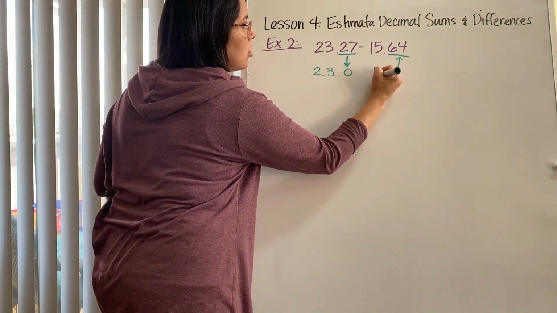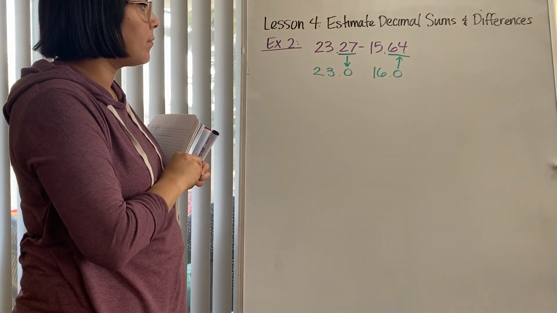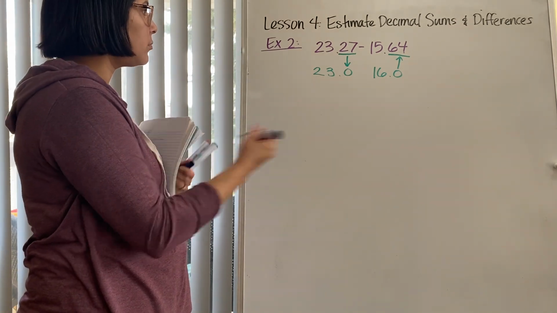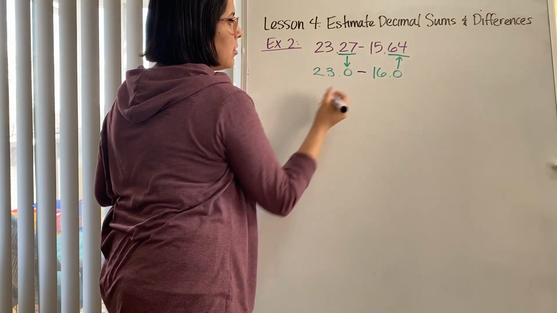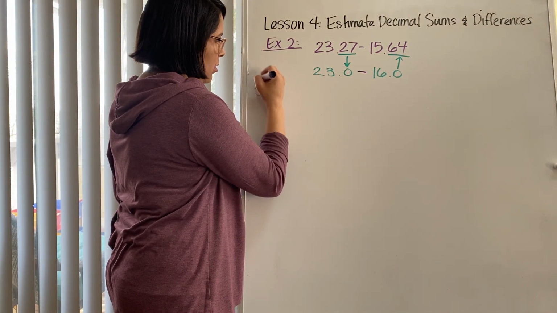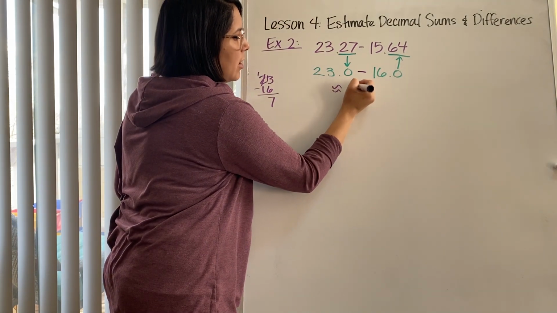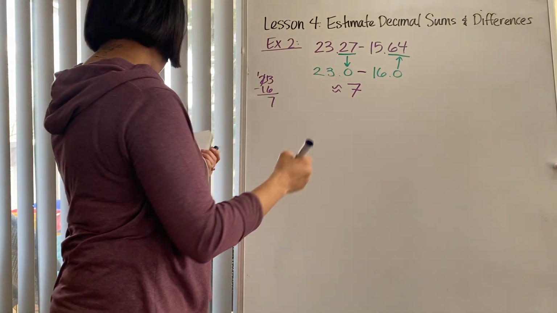This is going to turn into 16. Okay. Now I can subtract 23 minus 16. I'm going to do it over here. Equals, and don't forget, it's not equals, it's approximately 7.